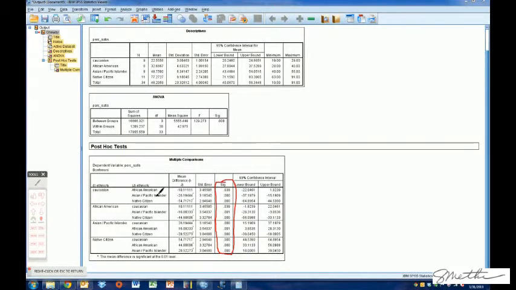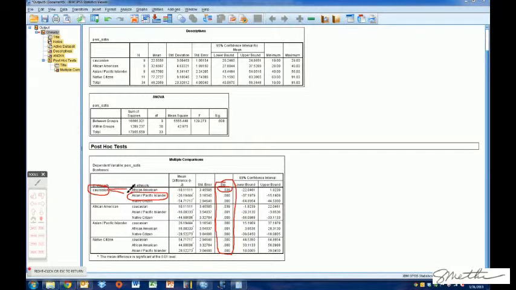There will be some situations where this won't always be the case, but that means that when this group here, let's say the Asian Pacific Islander group, is contrasted against the Caucasian group, then we have significant results. Basically, that's just saying that there are meaningful differences among all of these groups.